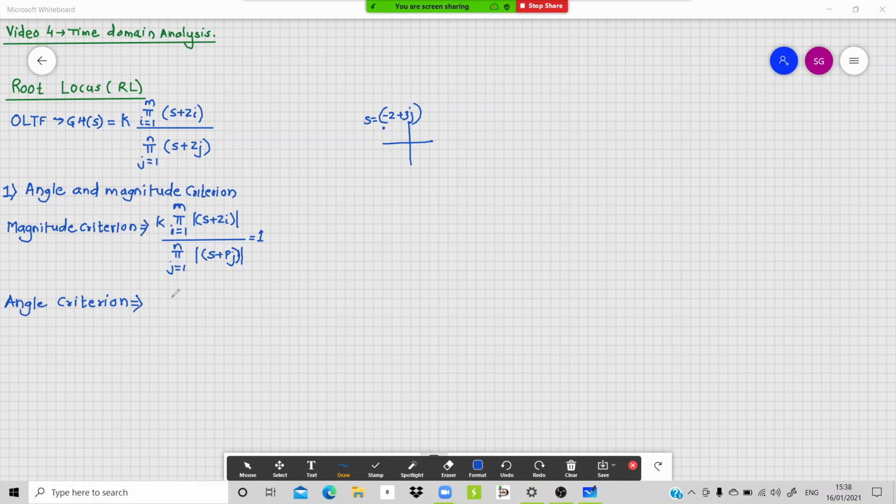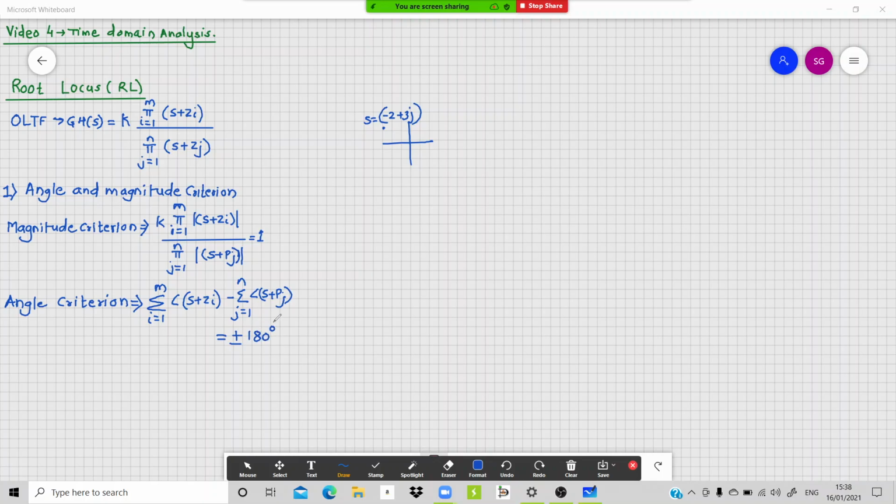On the same line, angle criteria, when you are saying we are talking about the angles: for magnitude it is multiplication, for angle it is summation. So i equal to 1 to m, add all the angles for the zeros, minus the angles of the poles. Subtract the angle of the poles from the angle of the zeros, and that should come out to be a multiple of 180.